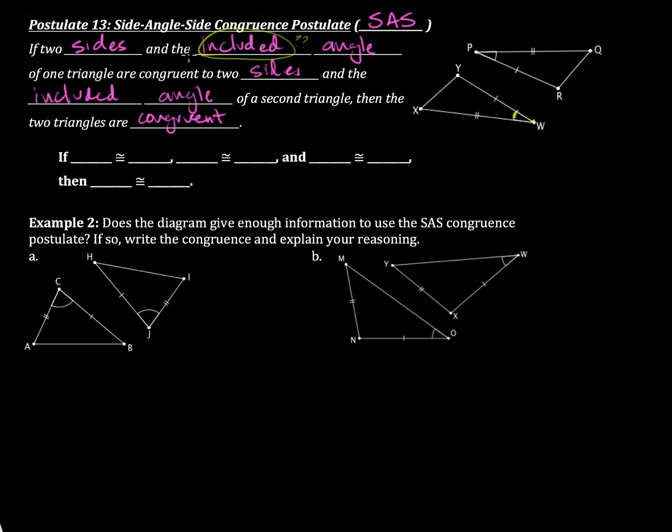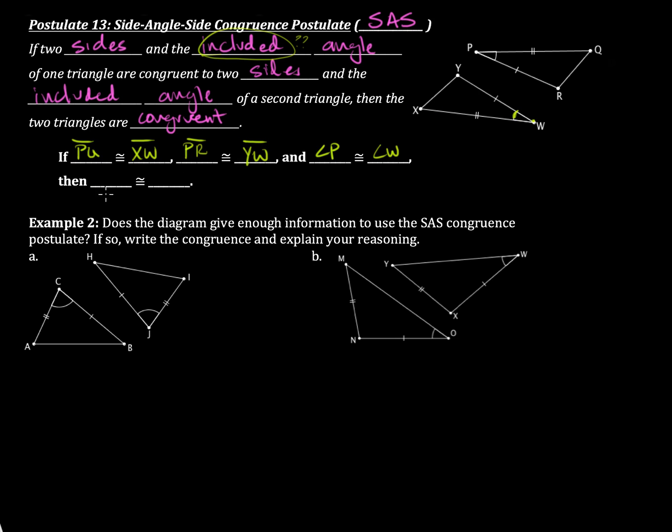So to see how the SAS postulate works for this diagram, we would say, okay, segment PQ is congruent to segment XW. We can just look at the marks on the segments. Segment PR is congruent to segment YW. And angle P, the included angle between PR and PQ, is congruent to angle W, the included angle between YW and XW.